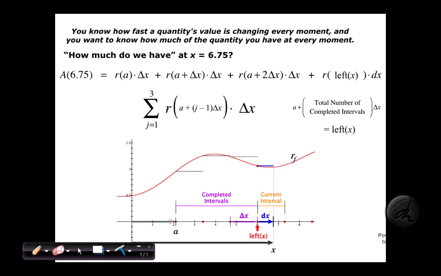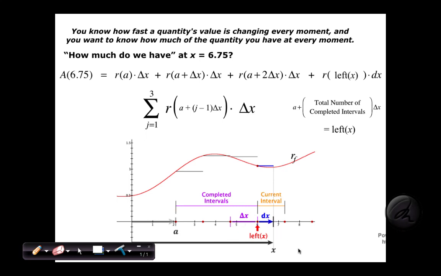Left of x starts at being the same as a. And then as x grows, eventually left of x suddenly jumps to here. As soon as x gets past the first full interval, left of x becomes that left end of the second interval. And as soon as x gets into the third interval, left of x becomes the value at the beginning of that third interval.